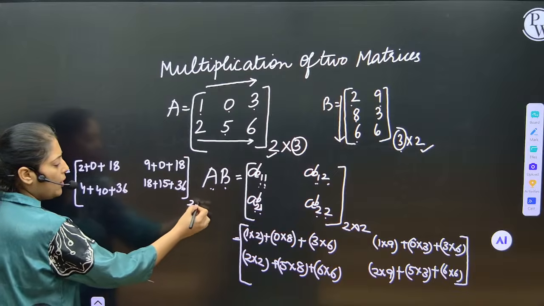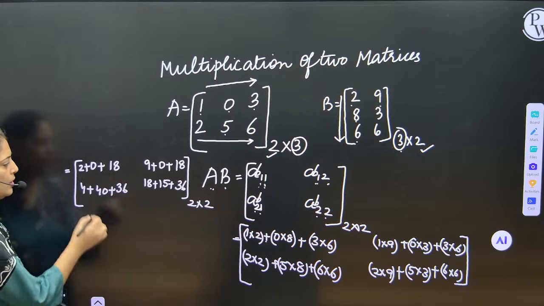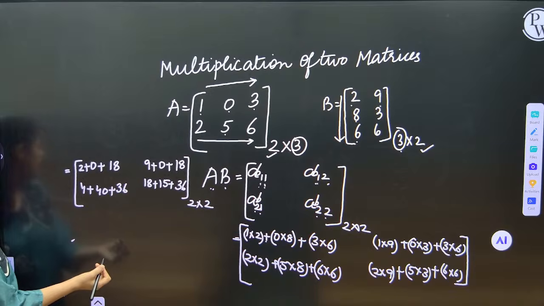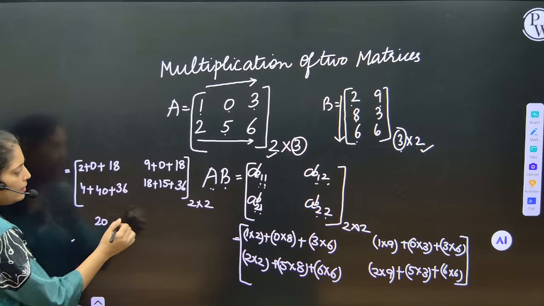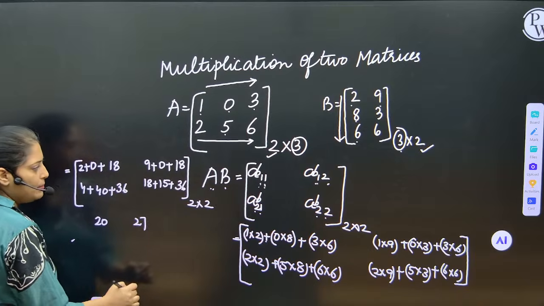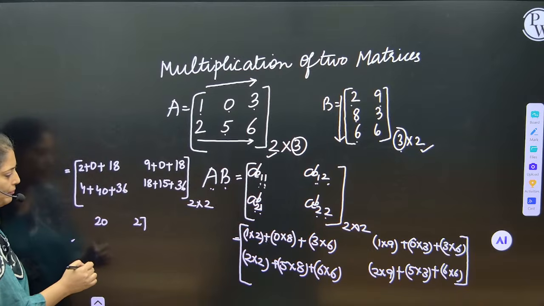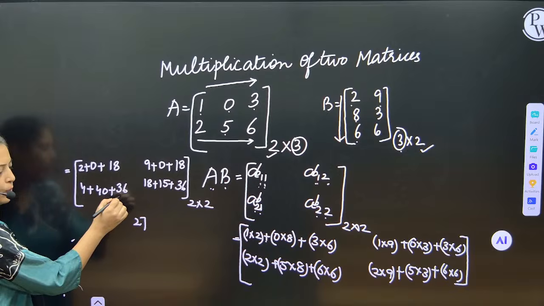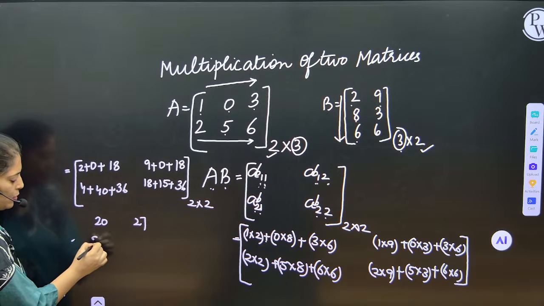Of course, order is nothing but 2 cross 2. So 2 plus 18, 20. 18 plus 9, 27. This will come out to be 27. 44. It will come out to be 80.